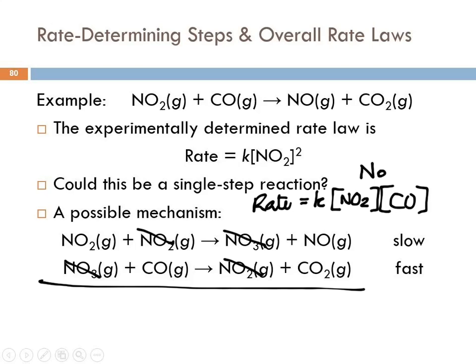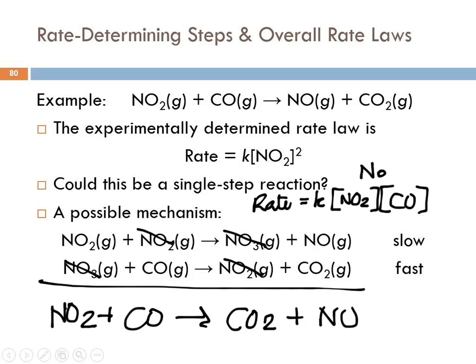And these guys cancel out. I reversed the order here, but that doesn't matter. So this is the slow step, and this is the fast step. Once we get through this one, the rest of it's going to go just fine.